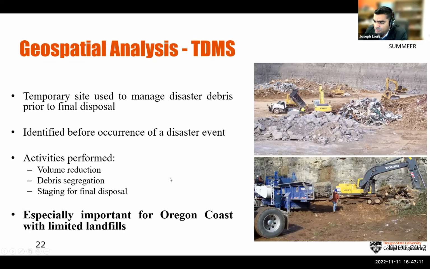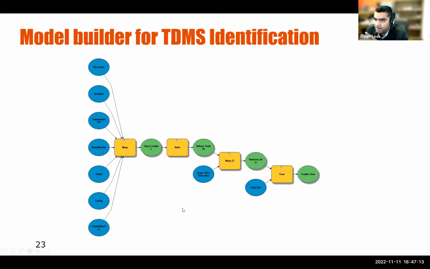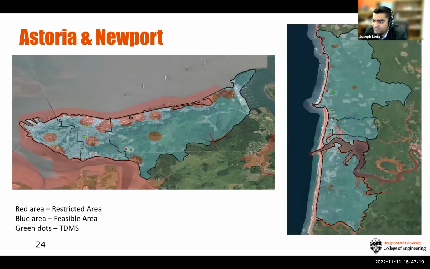So what we did was we were able to create a tool in ArcGIS to help us identify potential sites for debris management sites. And what you see here is all we've done is we've taken the recommendations from the EPA that the site cannot be housed near residential communities or schools or hospitals or any of these critical facilities, nor can they be near environmentally sensitive areas. So it gives us potential sites.